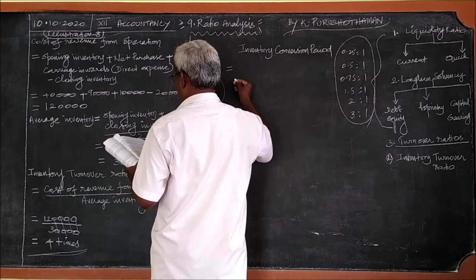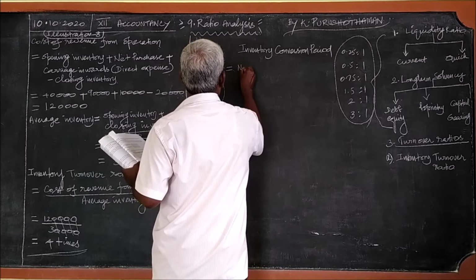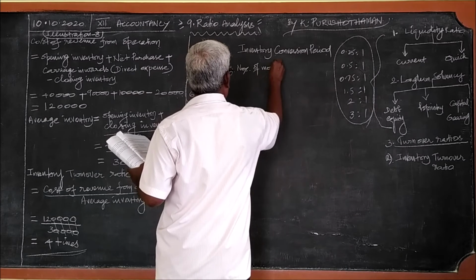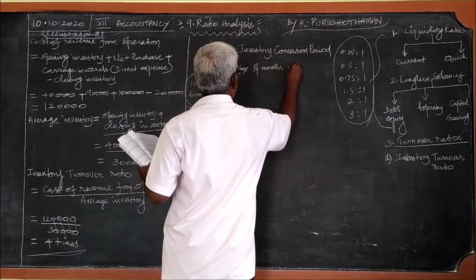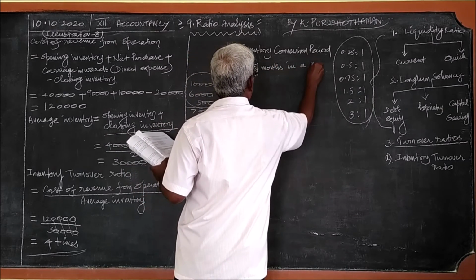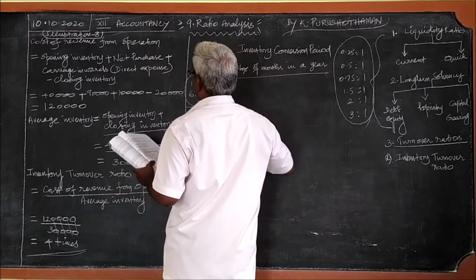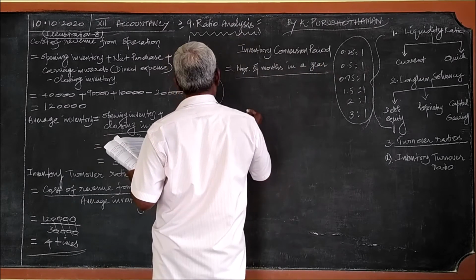So what we should write? Number of months in a year, whole divided by inventory turnover ratio.